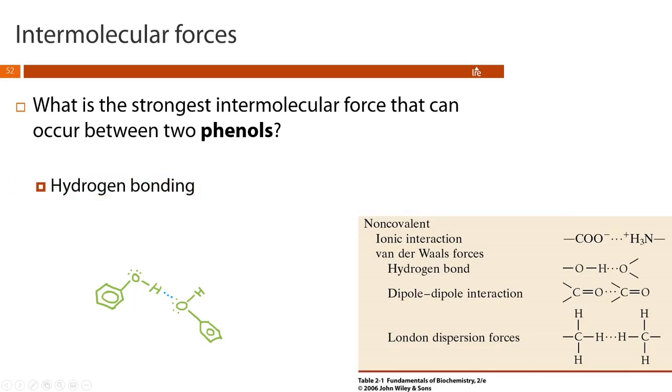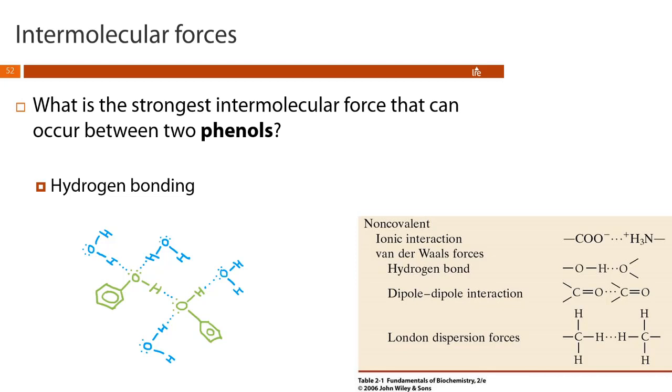Okay, so what can we say about phenols and water solubility? Well, if phenols can hydrogen bond with each other, then that means they would have no problem hydrogen bonding with water either. So given this, you would expect phenols to be fairly water soluble, right? Well, they're actually only slightly water soluble.